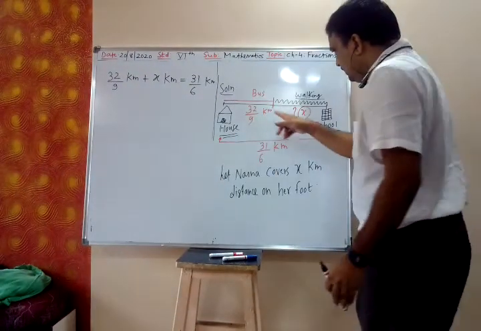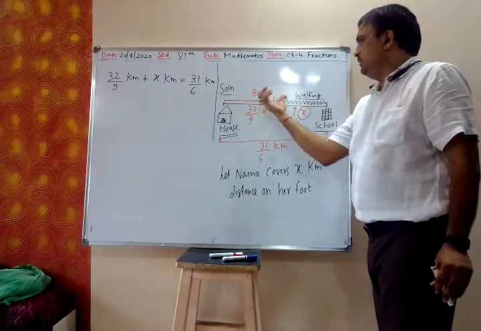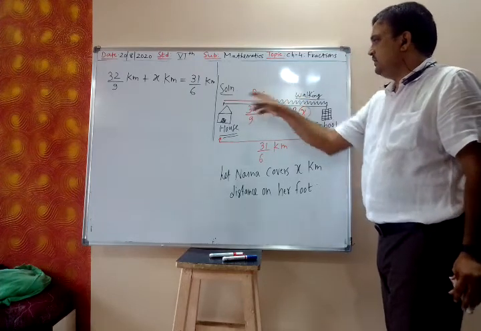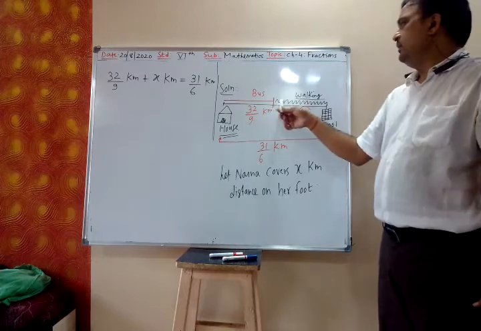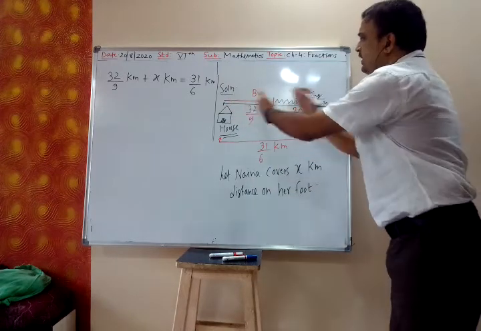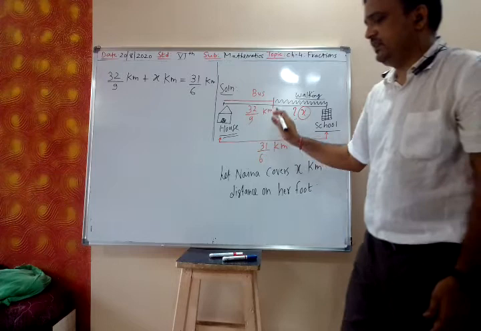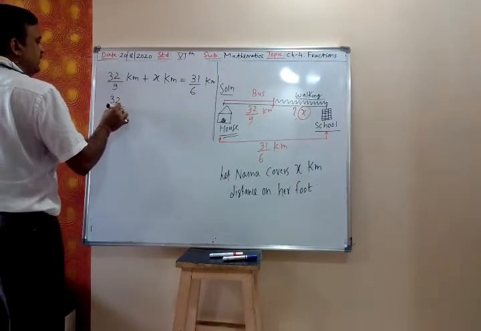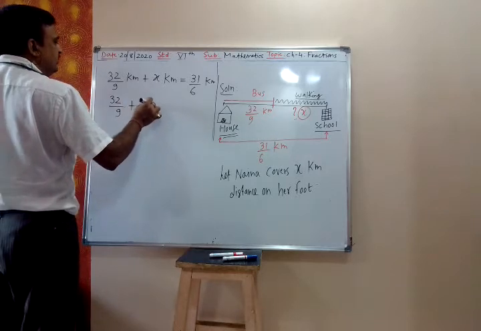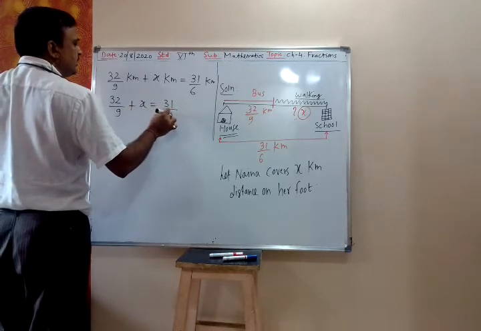This distance plus this distance will be the total distance. Total distance is 31 by 6. So we write 32 by 9 plus x is equal to 31 by 6.